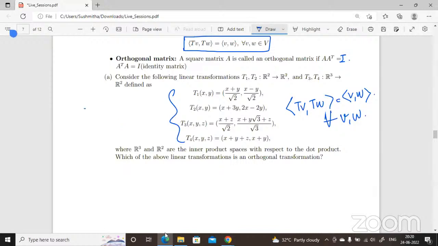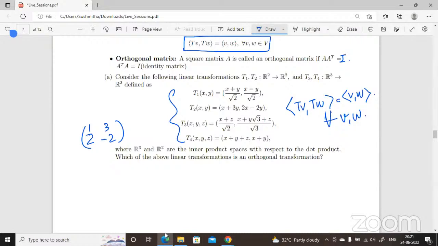T of 1, 0 is 1, 2. Okay, 1, 2, 3 minus 2. So if this is corresponding to an orthogonal transformation, this matrix has to be orthogonal, right? Yes, ma'am. But it's not orthogonal, right? No. Clearly, these are not unit vectors. There itself it ends.